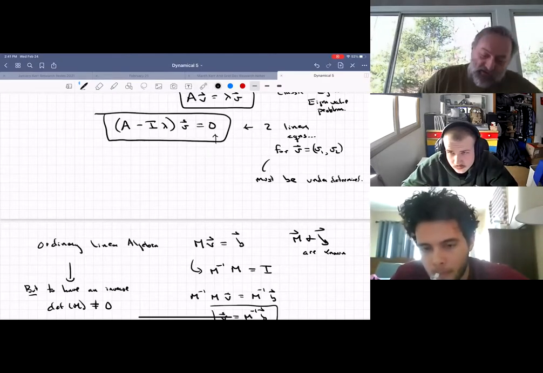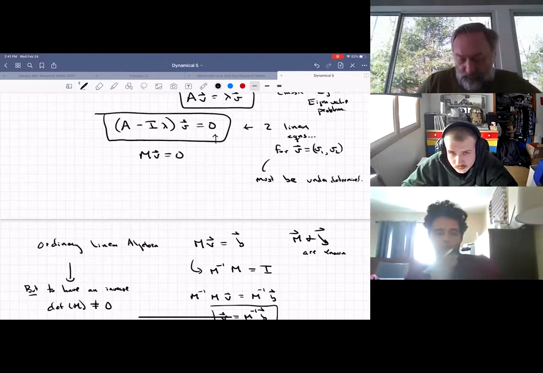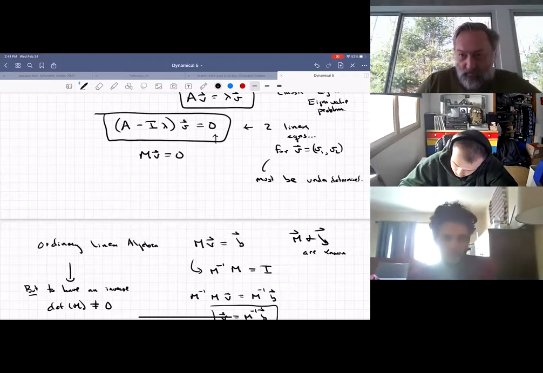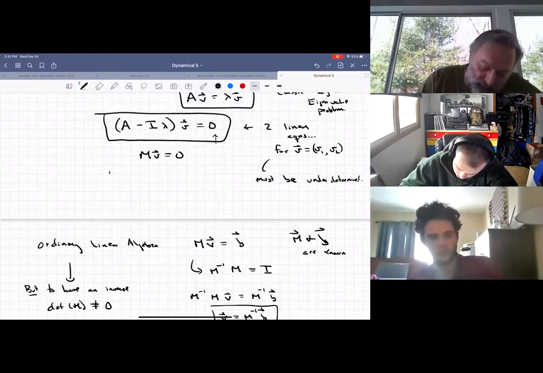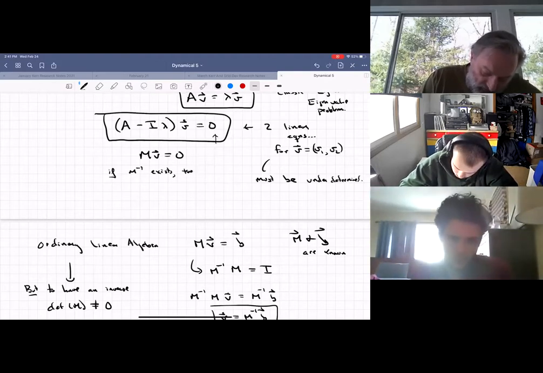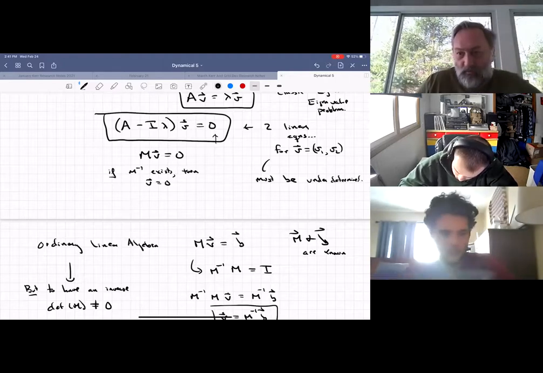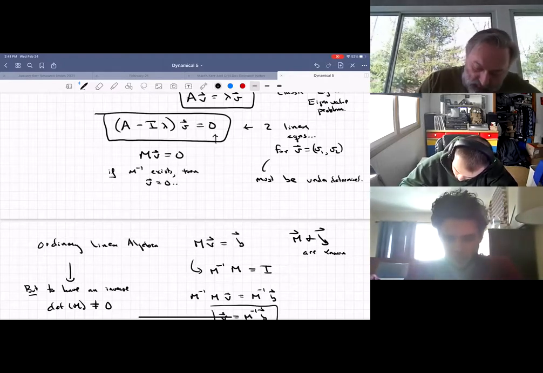So let me write this as some matrix times V is equal to 0. If M inverse exists, then V is equal to 0, which is Dullsville.